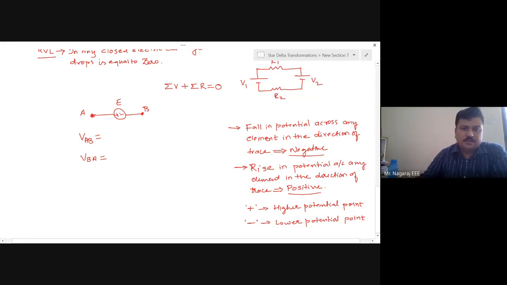Plus sign indicates the higher potential point, minus sign indicates the lower potential point. This plus and minus sign indication for the sources, the polarity of source, is called active sign convention.